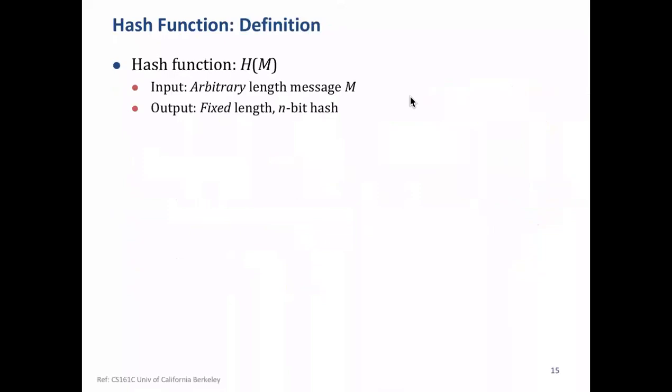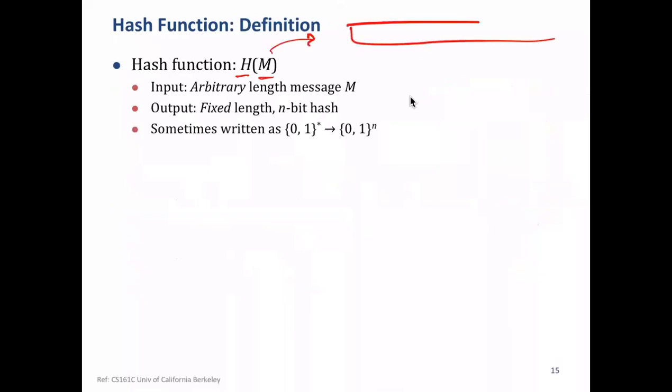So we'll define the hash function as h, sometimes a small h, but mainly a capital H, and m is the message. For this original message, you want to get a fingerprint that is called the hash. So this is m, you apply the hashing function H over m, and you get H of m.